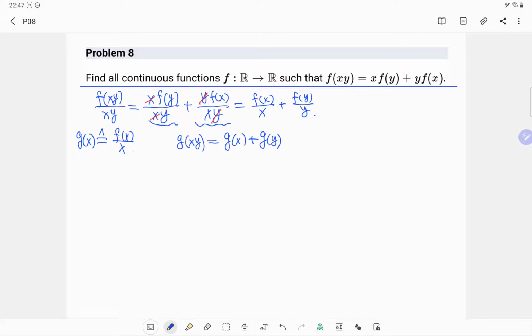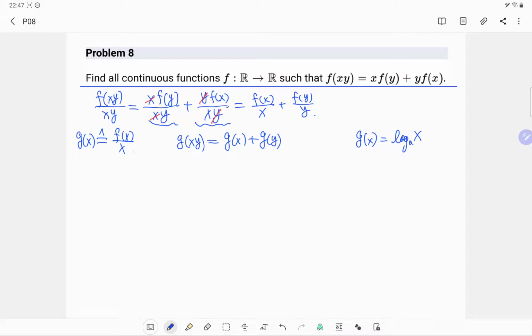And if you just remember the solution, g of x will be log of x with base a, where a is an arbitrary positive value. Actually, we can see how to make a substitution of variable so that we can come up with this solution without memorizing it.